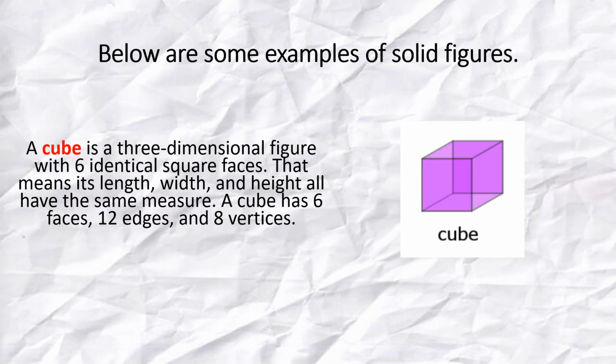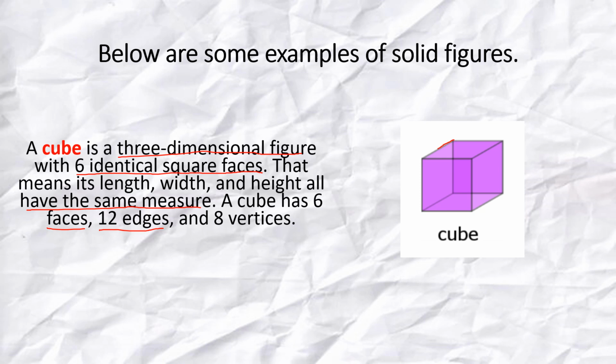Then we have a cube. A cube is a 3-dimensional figure with 6 identical square faces. That means its length, width, and height all have the same measure. A cube has 6 faces, where all the faces are squares, 12 edges.